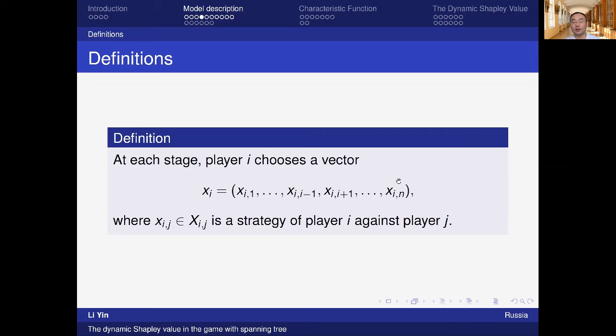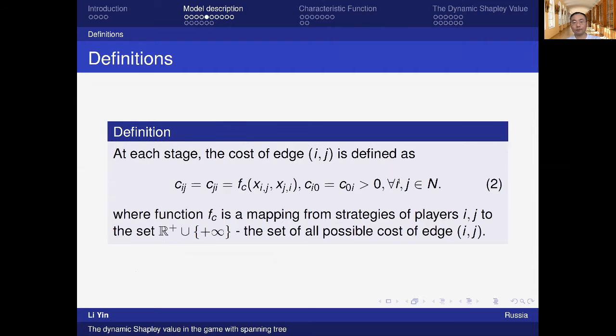Each element of the vector is player i's strategy against player j. And at each stage, according to the definition of strategy of player, we can define the cost of edge as follows. For an arbitrary edge between player i and j, the cost of edge c_ij is equal to c_ji, and is defined by a mapping from the strategies of players i and j to the set of all possible costs of edges.